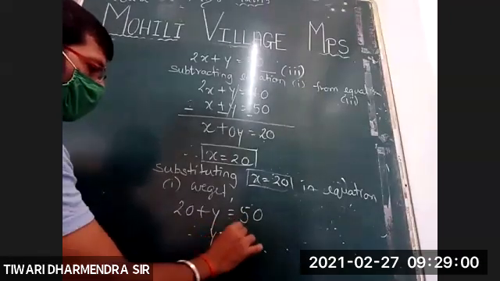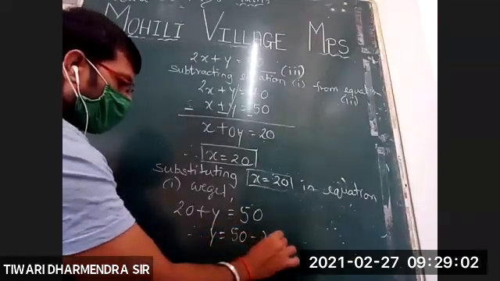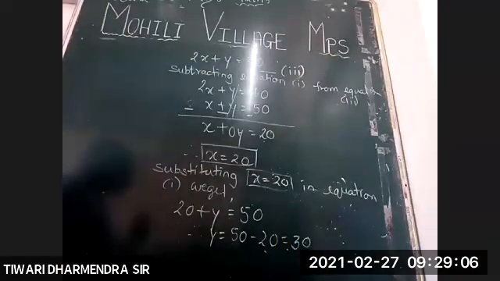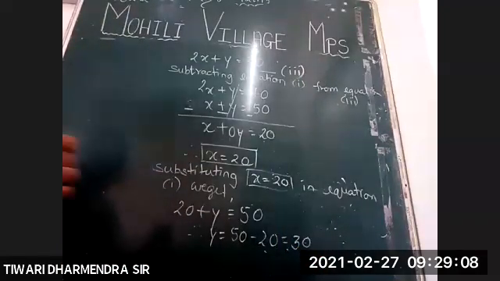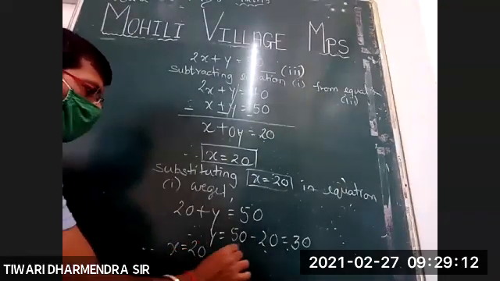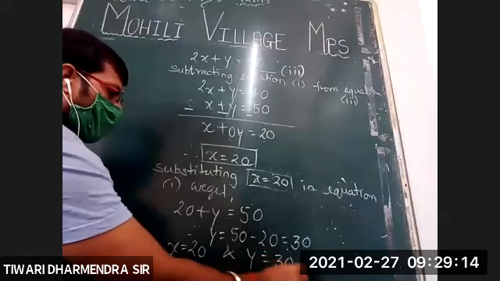Therefore, y is equal to 50 minus 20, which is 30. So x is equal to 20 and y is equal to 30.